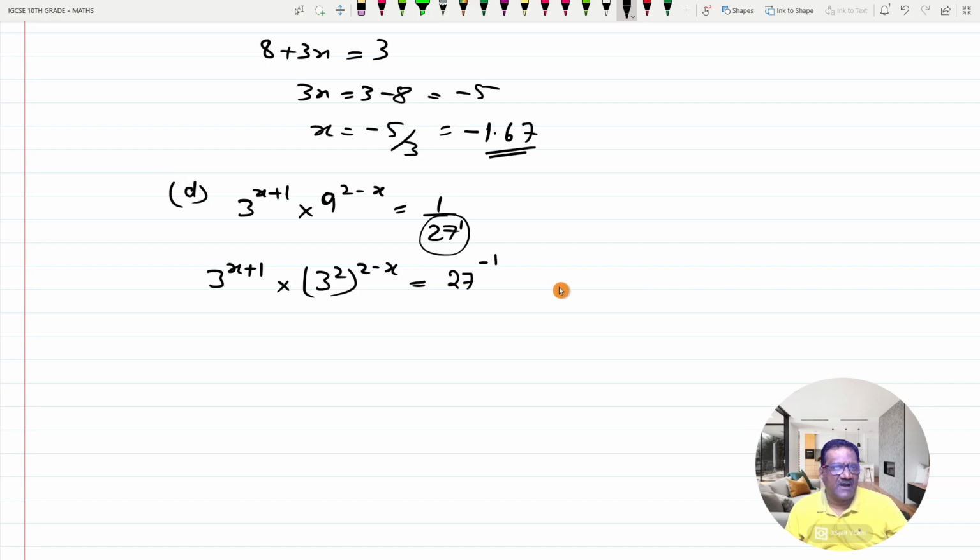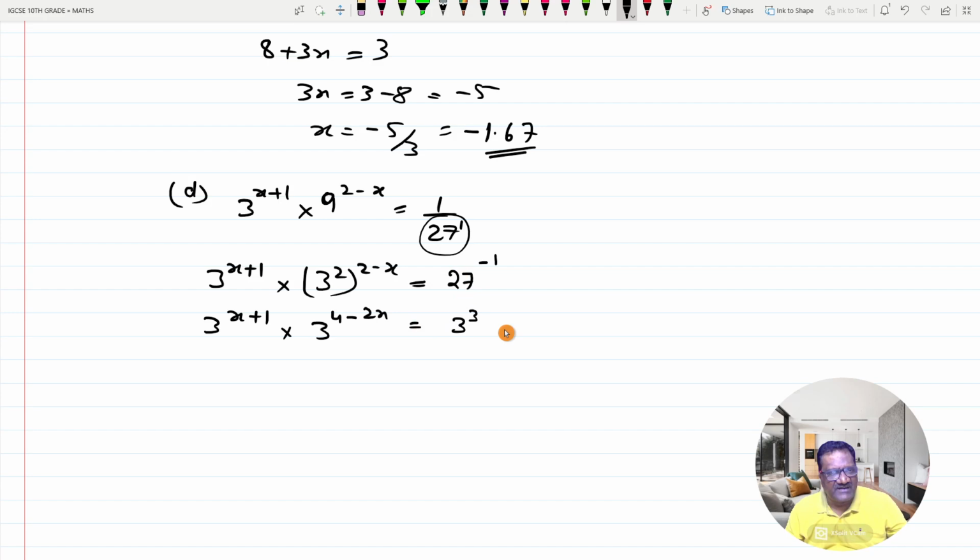Now, let us see what can be done. Okay. So this can be again written as 3 raised to x plus 1 into 3 raised to 2 into 2 minus x will make it 3 raised to 4 minus 2x. And what I'll do about this 27, I'll write this 27 as 3 cube. 3 3s are 9, 9 3s are 27.